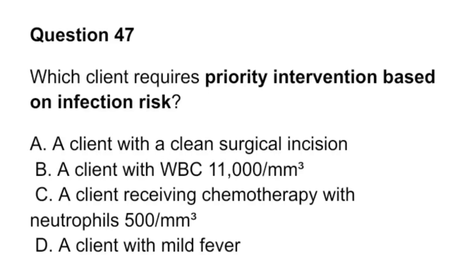Question 47. Which client requires priority intervention based on infection risk? A, a client with a clean surgical incision. B, a client with WBC 11,000 per millimeter cubed. C, a client receiving chemotherapy with neutrophils 500 per millimeter cubed.